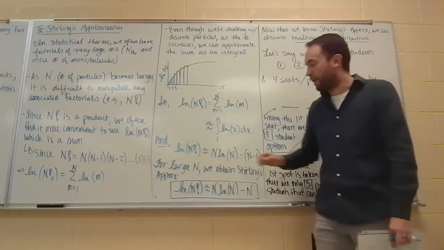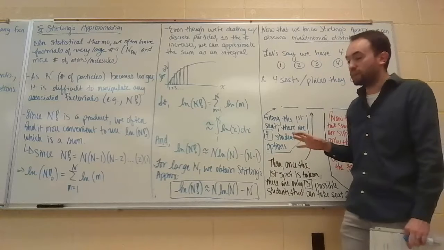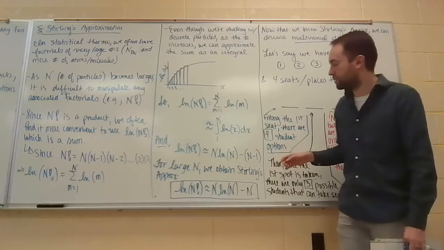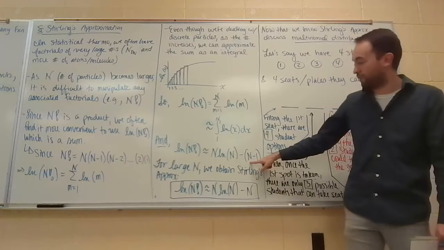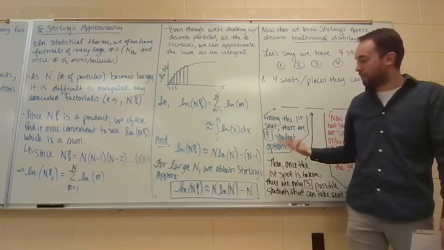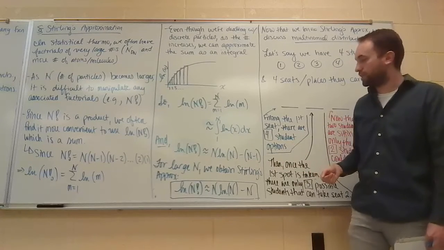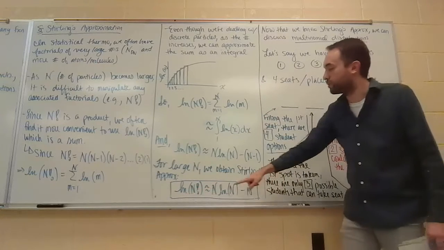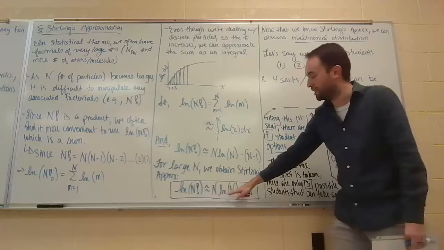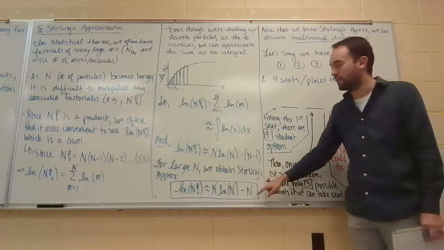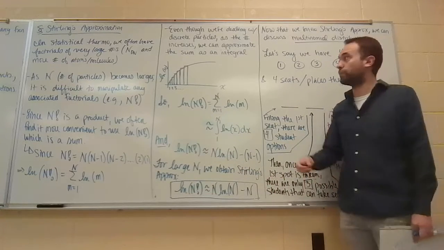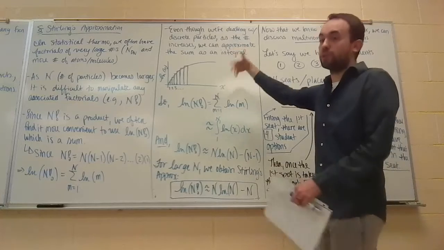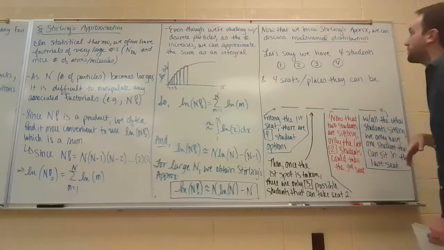So for large values of n, we are going to be able to obtain Stirling's approximation, because as n becomes very, very large, subtracting off that 1 isn't going to be a big deal, and so therefore the ln of n factorial is approximately equal to n times the natural log of n minus n when we have large numbers, which again we would have if we're dealing with Avogadro's number of particles.